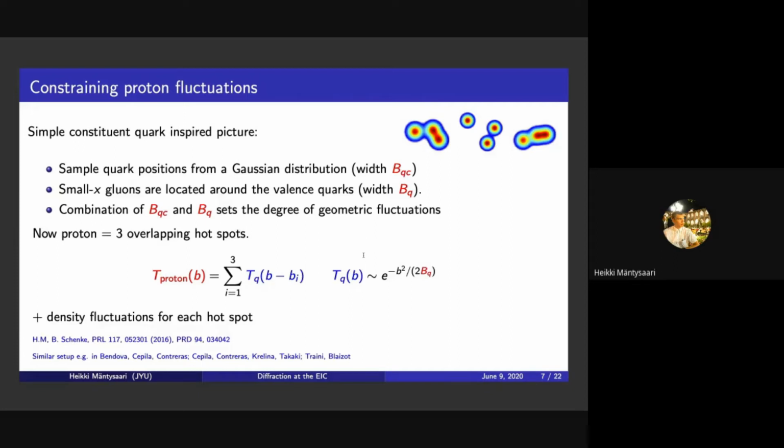So then you can parameterize such fluctuations by the size of the hotspot and how far from each other they are on average, and then write that your density profile is just a sum of these hotspots. So this is what we did some years ago, and now this has become an industry. Different groups have been refining this kind of approach.